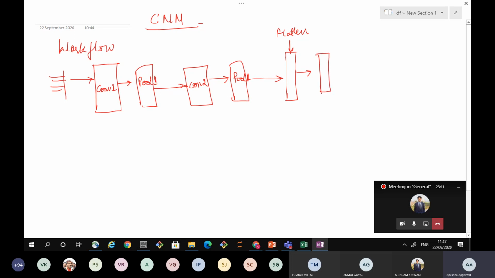We ended the discussion in the last class over here. Then we can apply multiple fully connected layers, and then we have the final softmax output. So this is your general workflow for a CNN. Now here I have selected one convolution layer and one pool.